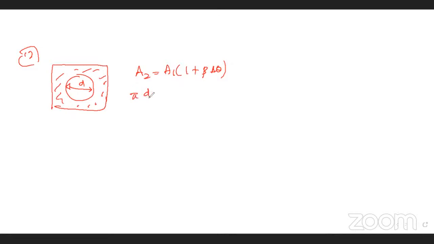The new diameter I'm considering as d2, so initially it's pi d1 squared over 4, times 1 plus beta, where beta is 2 alpha because this is aluminium. Aluminium has 2.3 times 10 to the minus 5, so I write 2 times 2.3 times 10 to the minus 5, with a temperature change of 100 degrees Celsius.